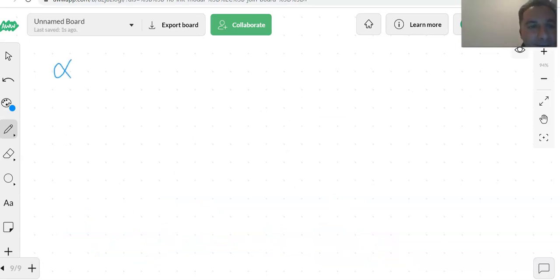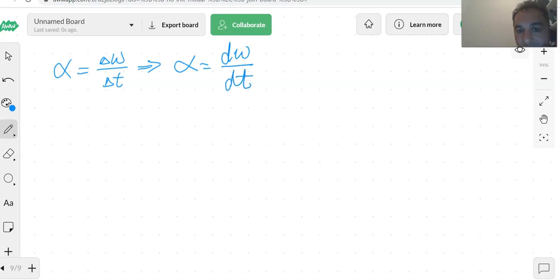Alpha is delta omega divided by delta t, correct? So in calculus, I can write alpha is what? d omega divided by dt. Yes? Keep it, very important equation.